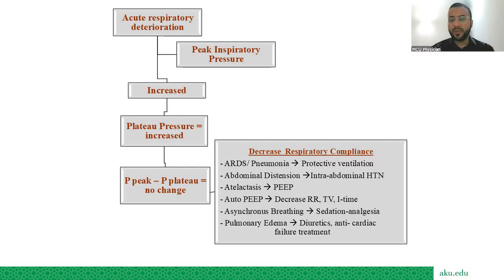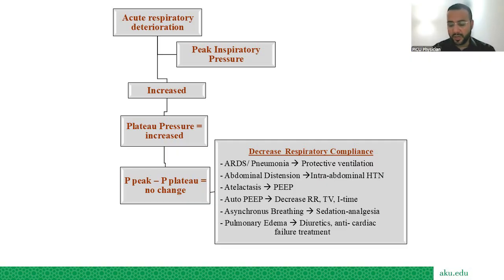If you see that peak pressure has increased from the previous value and plateau pressure has also increased, and the difference between P peak and P plat is the same, P peak minus P plat is no change, that means lung compliance has worsened. Lungs are getting more diseased, more stiff.